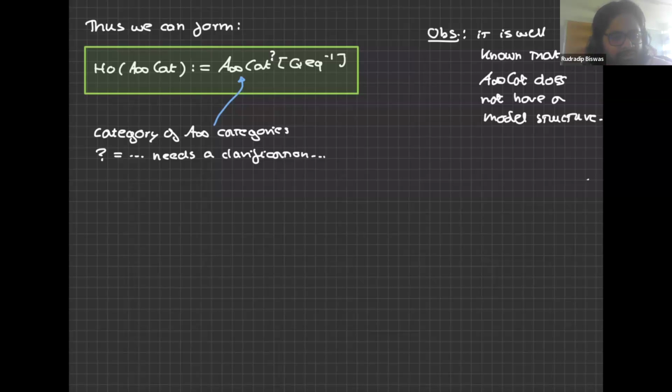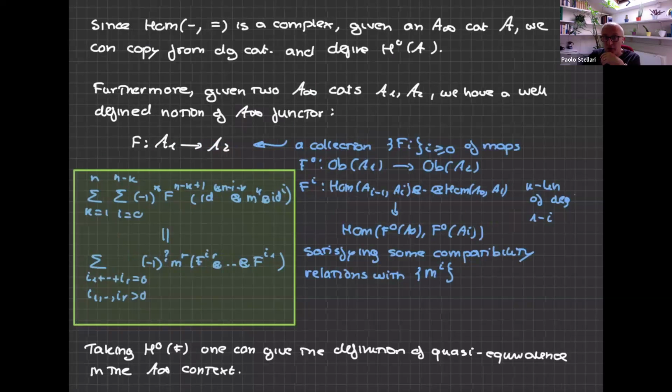I have a question. Sure. So just like a sanity check. The quasi-equivalences here in this definition, do they depend in any way on the model structure? No, they don't depend. There is no model structure here. So there is just the definition as was indicated in this previous slide.